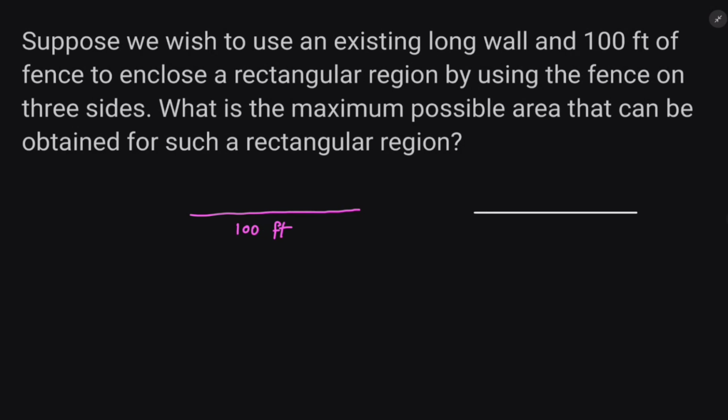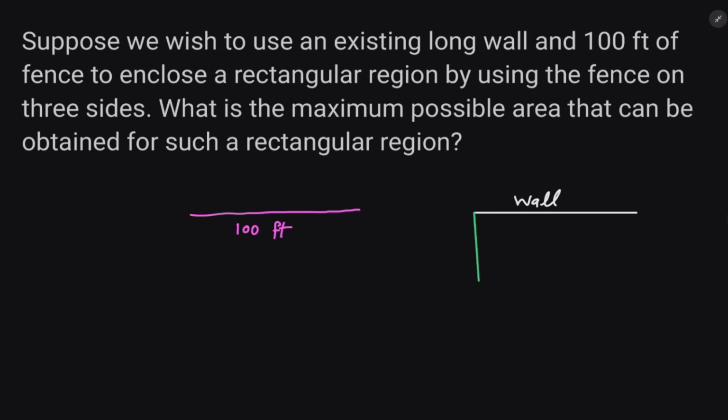What we want to do is cover a rectangular region using this information. Here we have a wall and we have a fence of 100 feet. So the fence will be used for three sides of the rectangular region.